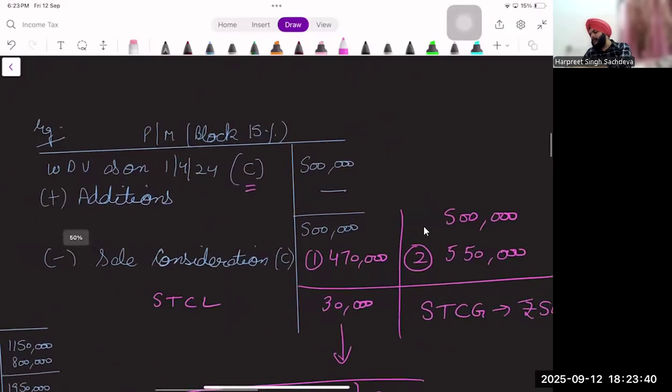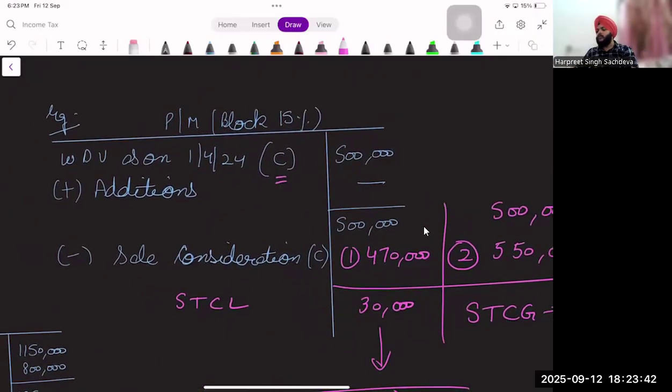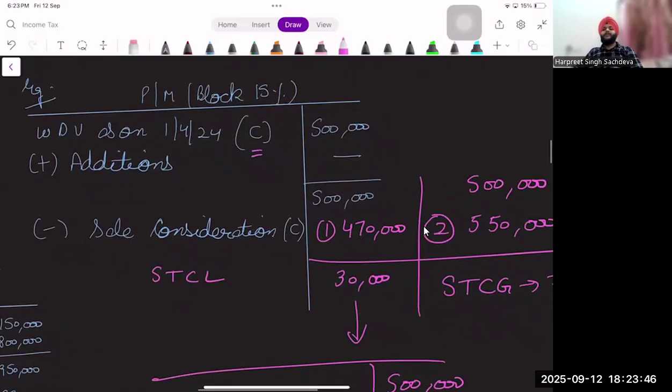Then yesterday we did a second case also, that the block can also be closed when you sell an asset which is the only asset in that block. Only plant C was there and that plant C has been sold.